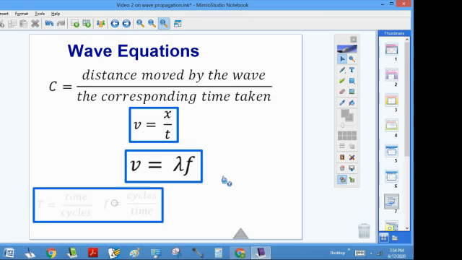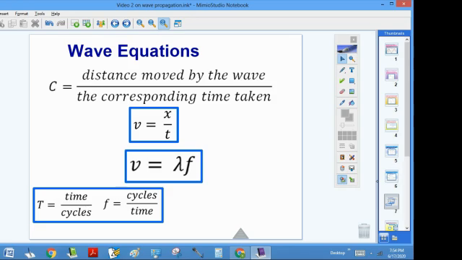The next is time. Period is equal to the time covered over the number of cycles, that is, time per cycle. That is a short explanation of what period stands for, and frequency on its own is cycles per time.